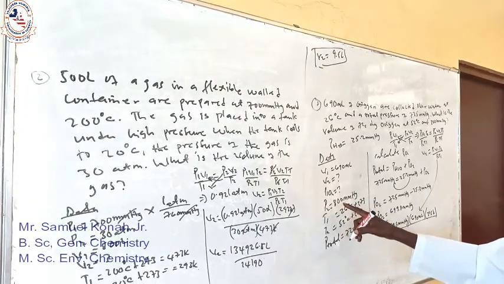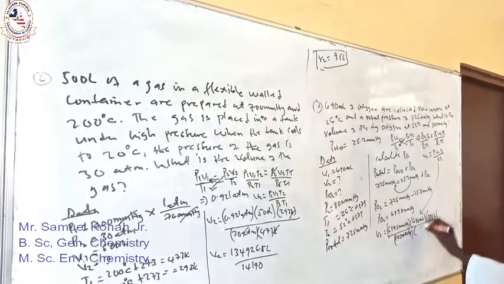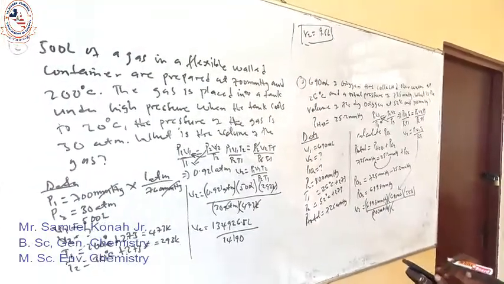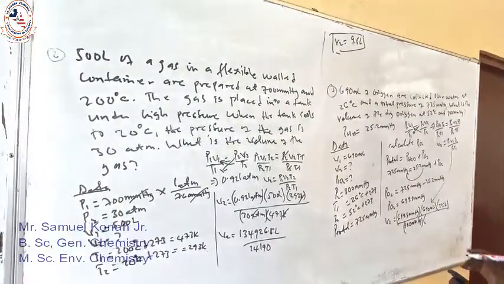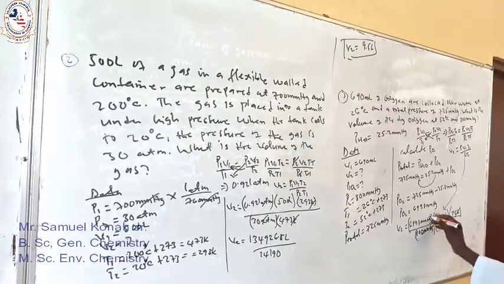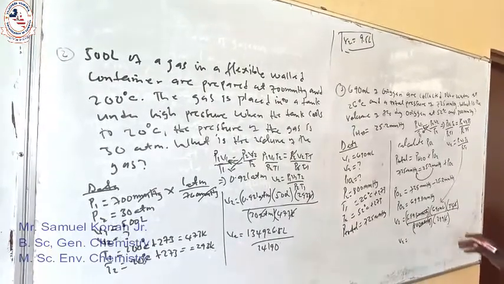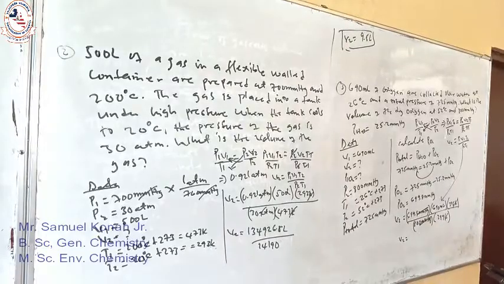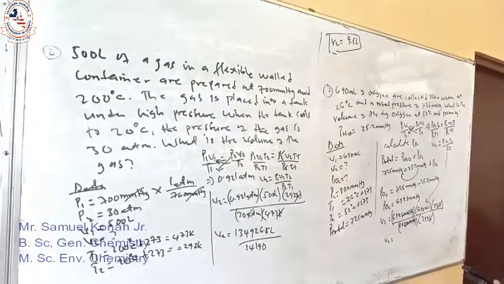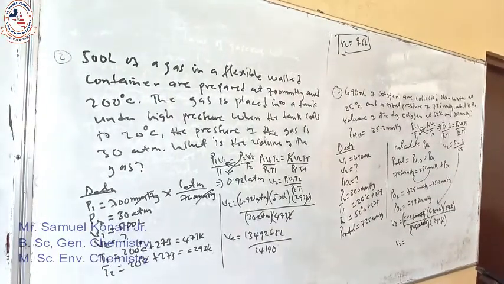Our P2 here is given to be 800 millimeter mercury, and then our T1, adding 273 plus 26, will give us 299 Kelvin. So Kelvin will cancel Kelvin, millimeter mercury will cancel millimeter mercury. So here our V2 will be equal to, we multiply 699.8 times 690 times 325.